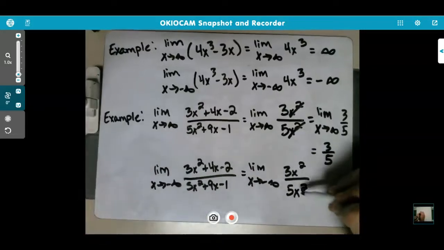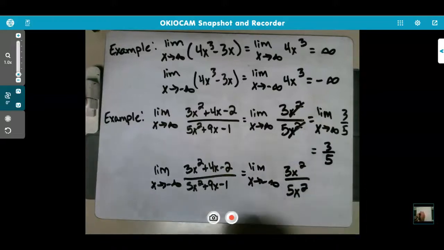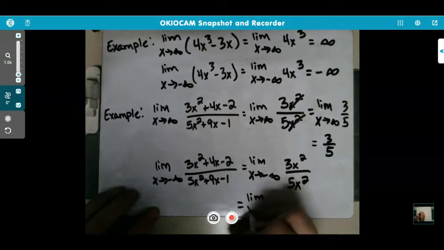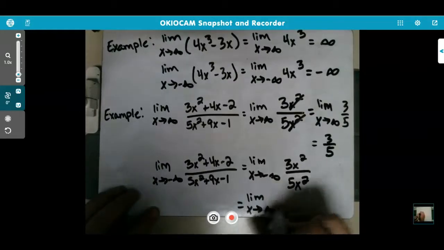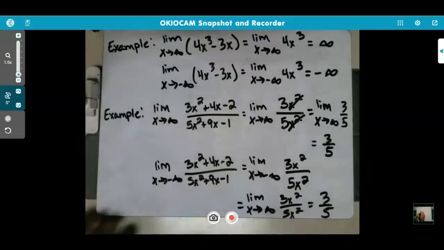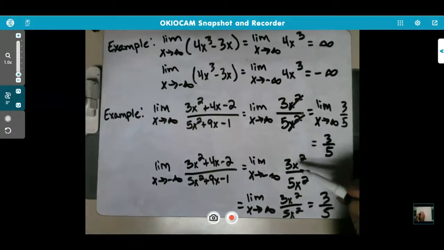Everything is being squared, and so I can rewrite this as a positive because they're both being squared. So that's the same thing as the limit as x goes to positive infinity, which we have already seen is equal to 3/5. Again, the reason why I can just write this as a positive here is because everything is being squared, so it will always be positive.